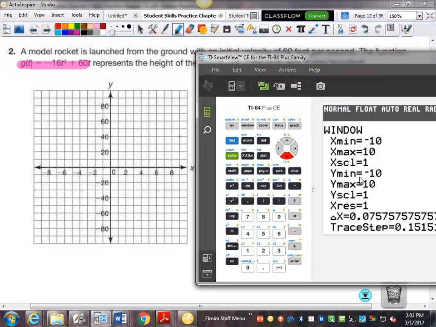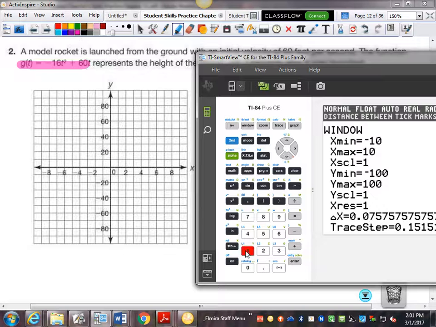Y minimum, the default is -10, but this graph goes down to -100. So I am going to change this to -100. And it counts up to +100. And each box, again, don't go by the numbers per se, because they didn't label every box, they only labeled every other box.